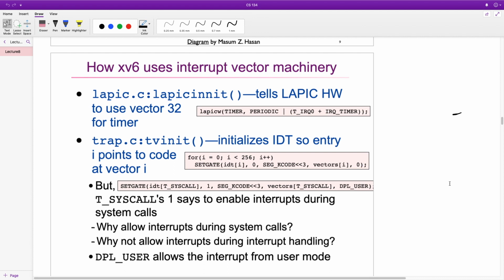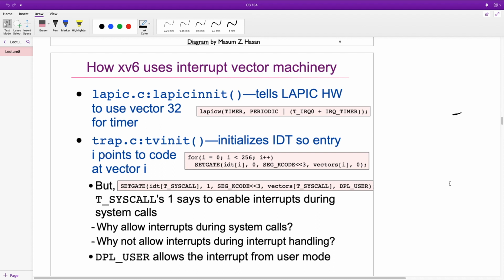Two things to note. 0 versus DPL user. DPL user is what number, Sarah? What is the protection level for user code? 3.